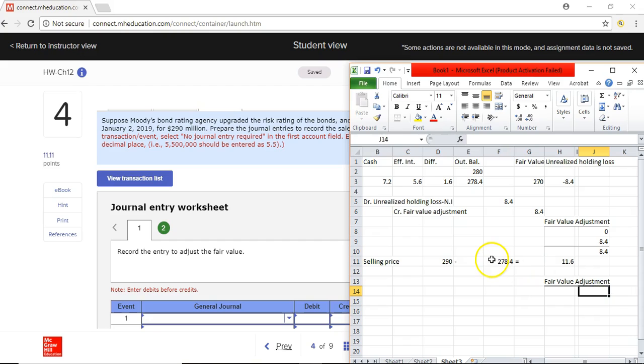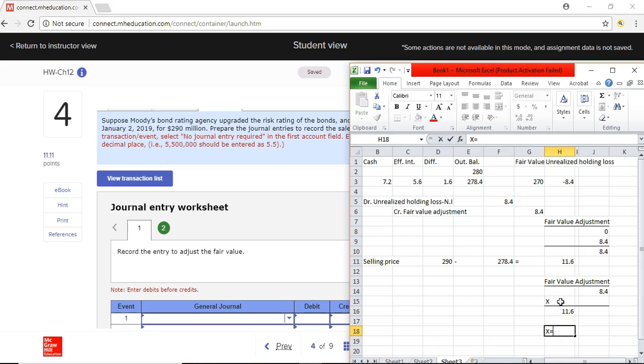So before the adjustment, we had a credit 8.4. But after the adjustment from selling the investment, we should reach a debit 11.6. So how much adjustment should I make to change it from negative 8.4 to positive 11.6? We should add something to it.